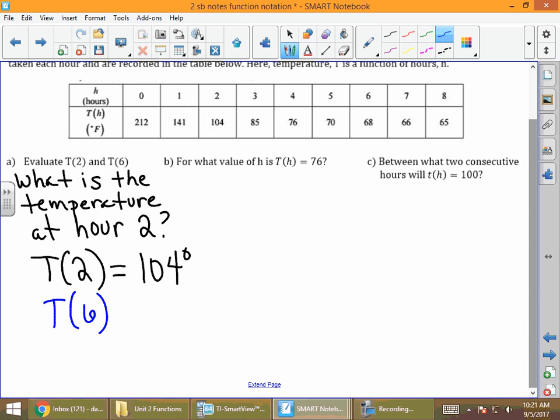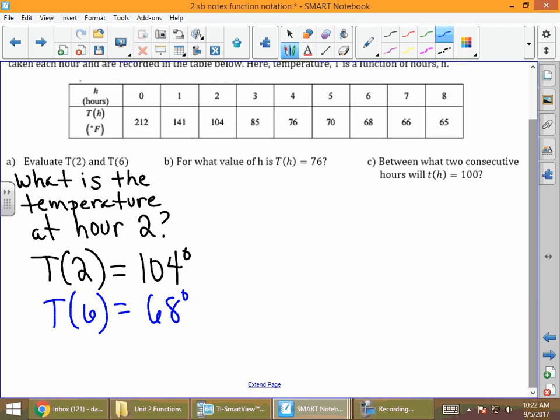And then we look at its corresponding temperature underneath. And we see 68 degrees. Now, our input was 2, we get out 104 degrees. Our input was 6, we get out 68 degrees.